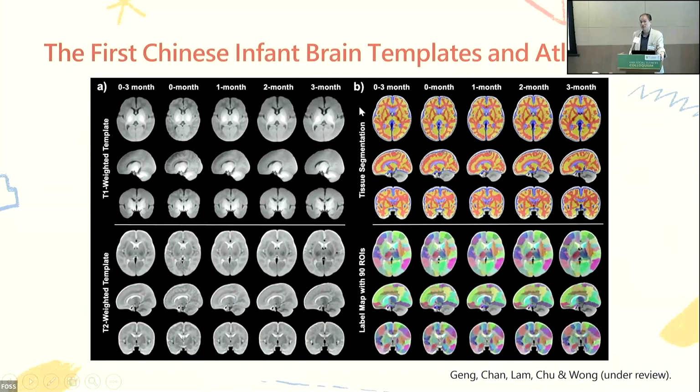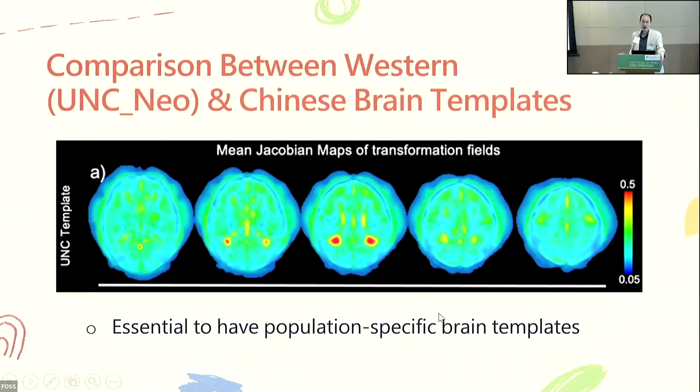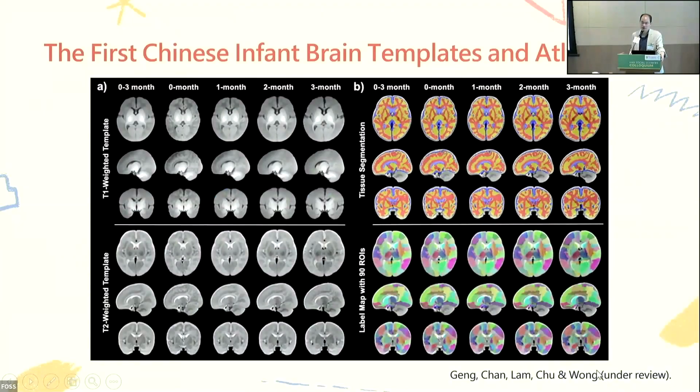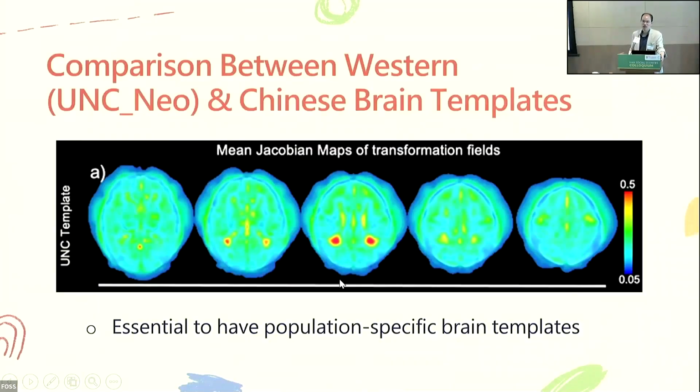It's important to have Chinese-specific templates because the shape and the size of the brain is different from Western babies. Our paper in NeuroImage demonstrated that if we just rely on templates from the US, it doesn't work. The US templates deviated from the Chinese brains a lot. That's why it's really important to have Chinese brain templates.